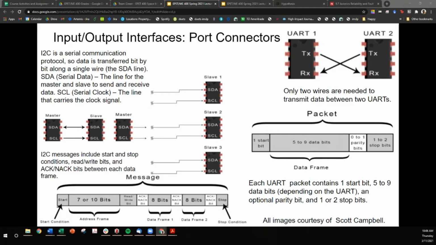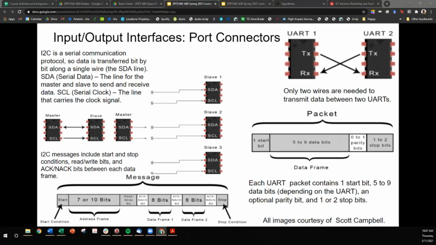I2C, here is what serial connection could look like, where you have serial data pins. There's this connection configuration where I2C allows one controller, so a master, to connect to a bunch of downstream components, which are commonly referred to as slave 1, slave 2, ... slave n amount of components.